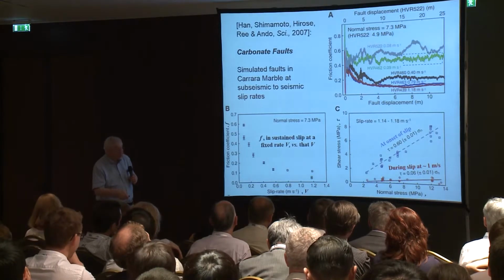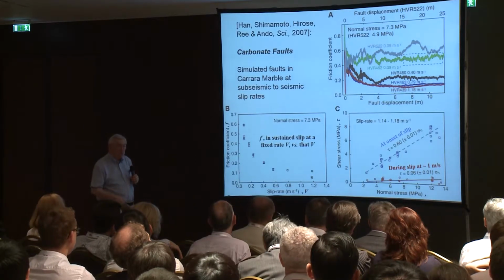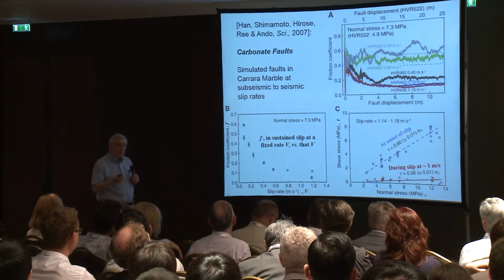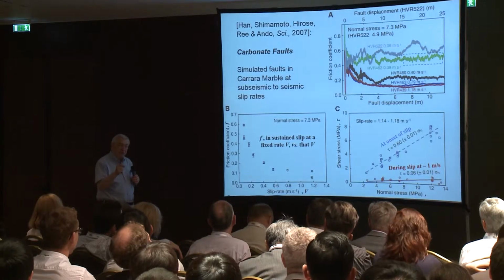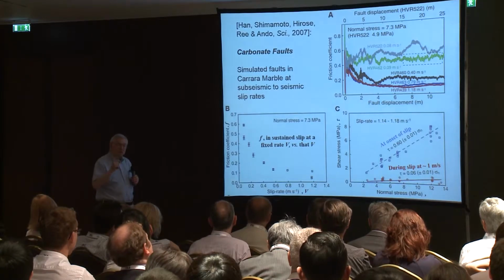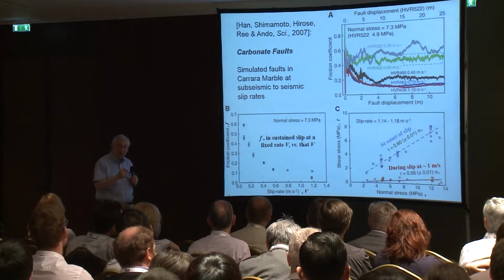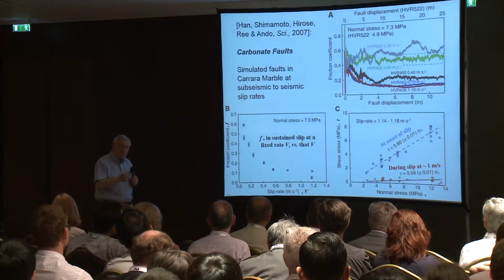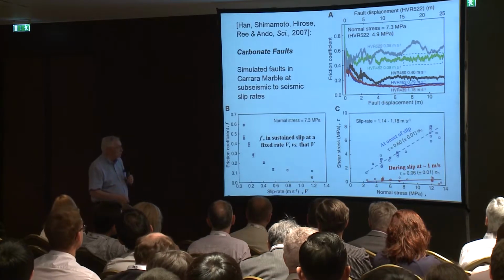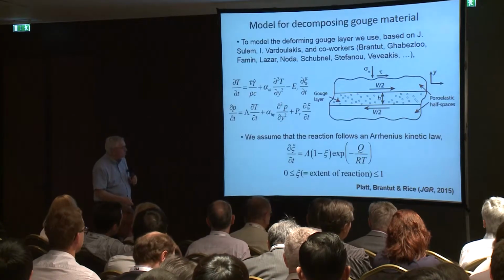So again, it is severe weakening due to the thermal weakening process, and in this case, the weakening process is not just the heating of native pore fluids, but it is rather the generation of new pore fluids by thermal decomposition reactions in the parent minerals in the fault zone. So that gives great weakening, as you see.